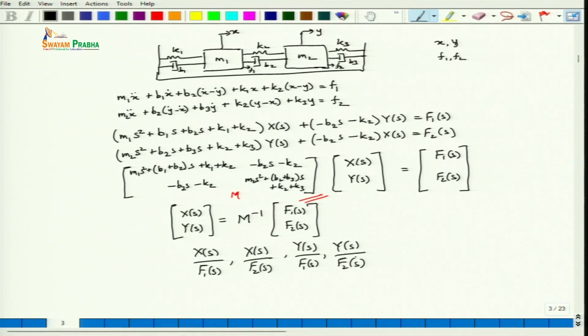So I'll leave that as an exercise for you to try out and complete this problem.